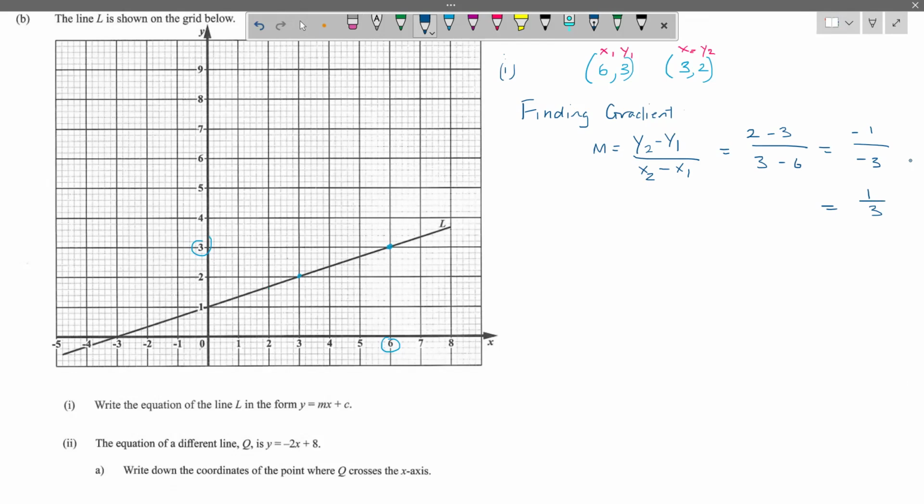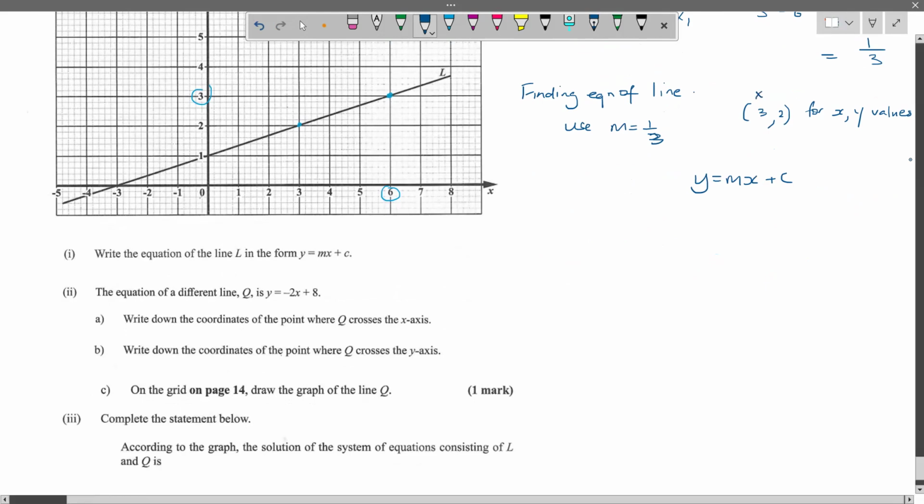Now we want to find the equation of the line. Use m to be a third, and we could use 3, 2 for x, y values. Put in our formula, y is equal to mx plus c.